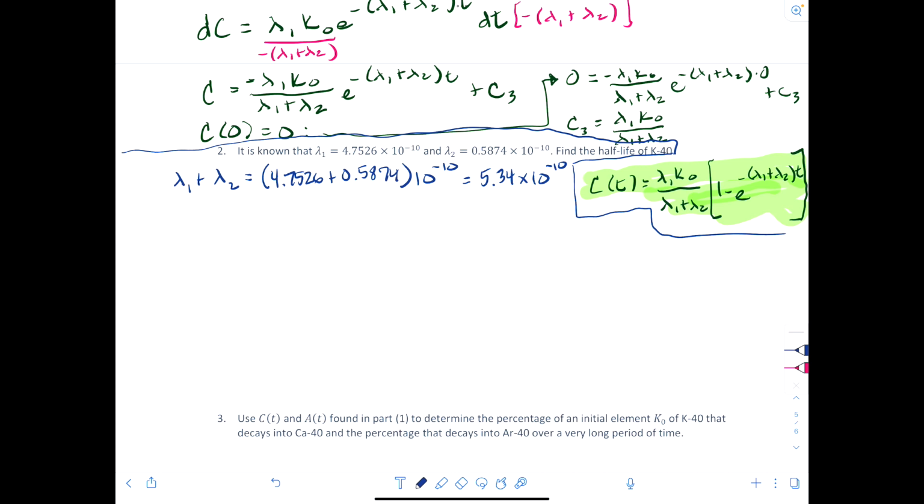So if we have, remember that K at t is equal to K0 e to the negative lambda 1 plus lambda 2 times t, right? Well, we found that lambda 1 plus lambda 2 was 5.34 times 10 to the negative 10, and that's all going to be times t.